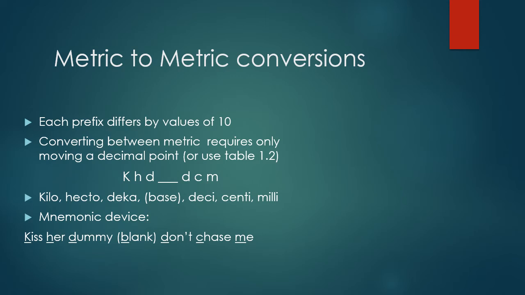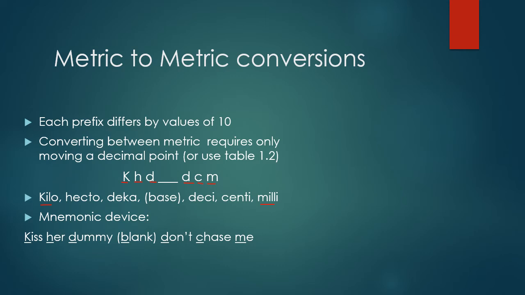So what I have below are some metric prefixes. We're going to focus on just a small portion of metric prefixes from kilo down to milli. What I have represented here, this K, H, D, blank, D, C, M, those letters are representing metric prefixes.